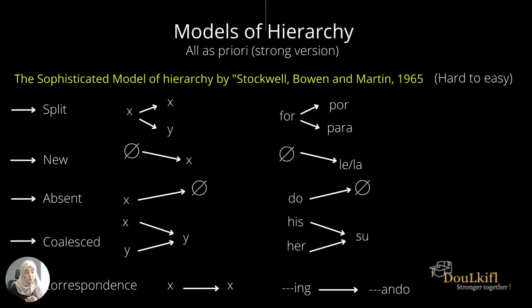Coalesced or fused is when you have 2 items in your native language that will fuse and become 1 item in the target language, like his and her in English that will become just su in Spanish. And then, of course, you have correspondence, which is transfer or positive transfer, when there is an item that is the same. Okay, it's similar, like ing in English and ando in Spanish.